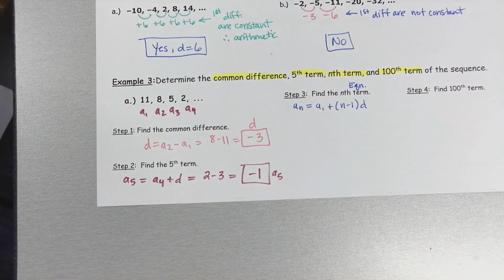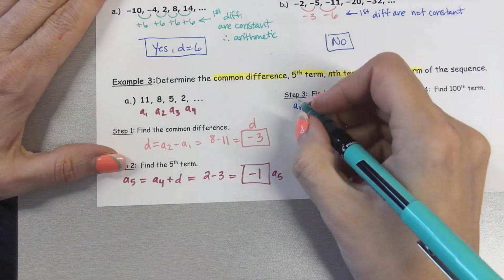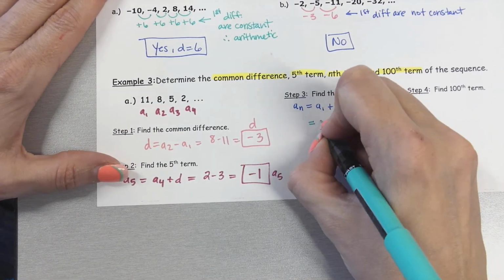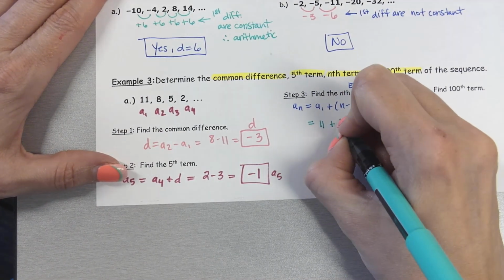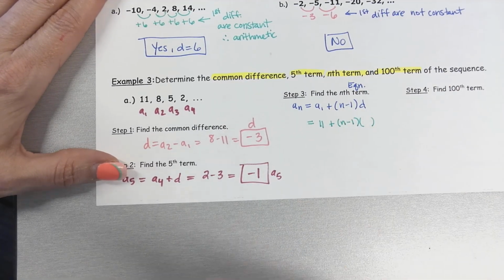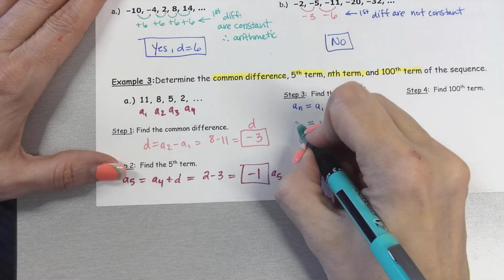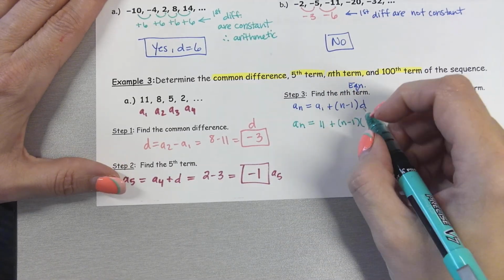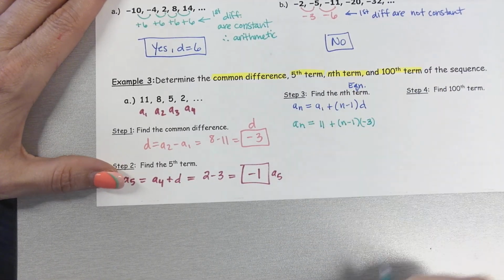Okay, so now what we can do is we can plug in different values and we can find our equation. So our a sub 1 is 11. The equation is always going to have n in it, so you won't replace that with anything. Okay, and then the common difference is negative 3.